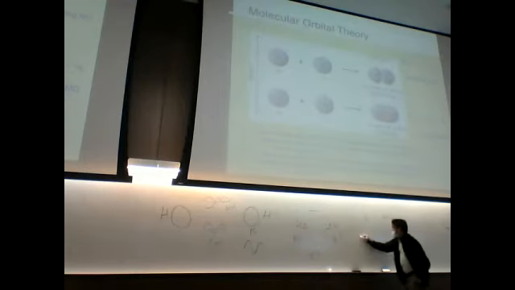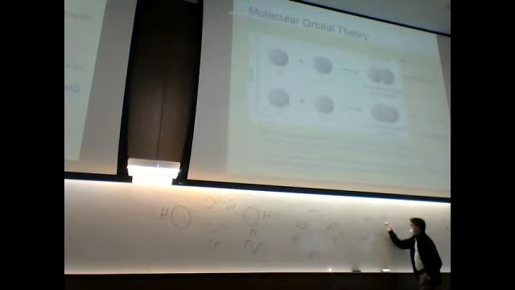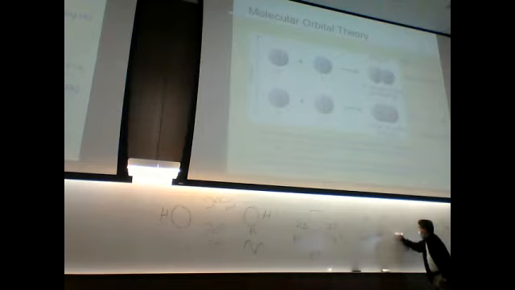You can call this bond order. How many bonds are formed between hydrogen and hydrogen? It is the number of electrons in the bonding molecular orbital minus the number of electrons in the anti-bonding molecular orbital, divided by 2.